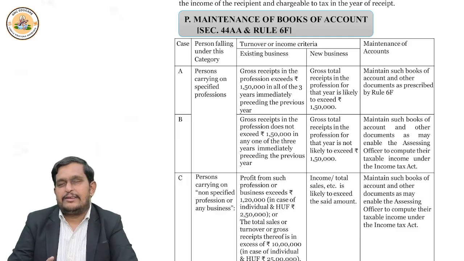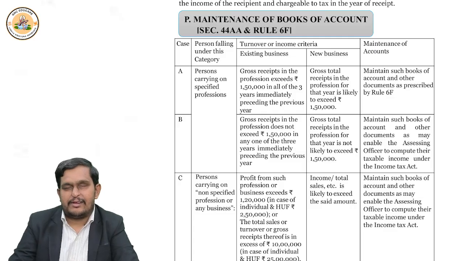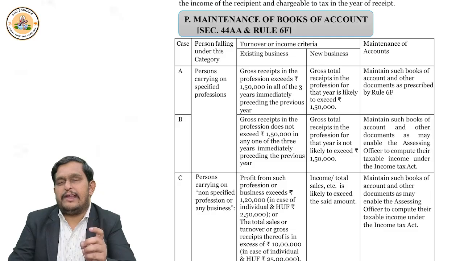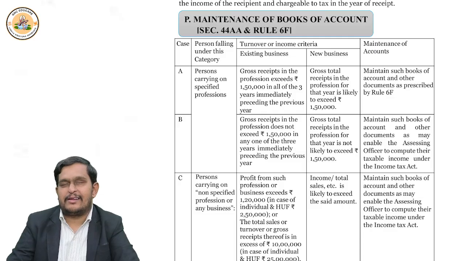Now, think that there are two different types of situations. An assessee who is filing returns under presumptive taxation, like it may be 44AD, 44ADA, 44AE, 44BB, 44BBB, like this.